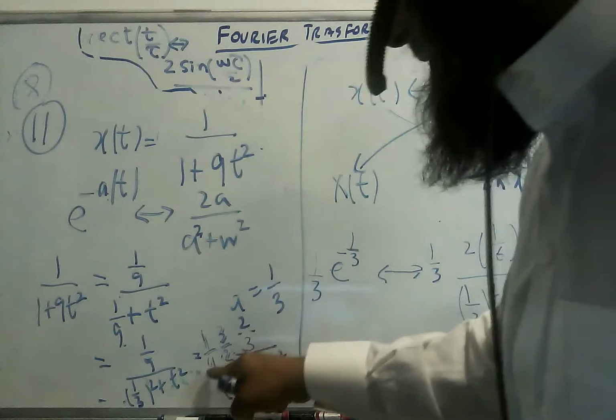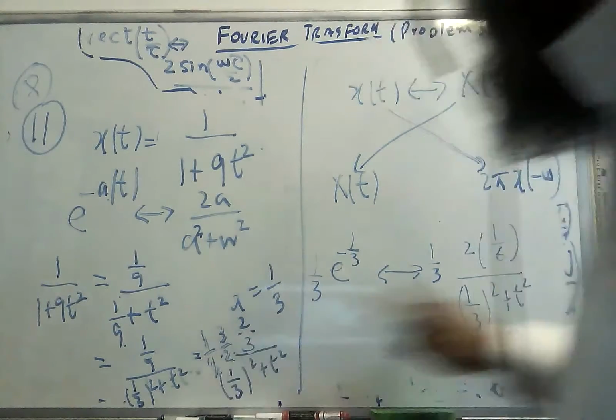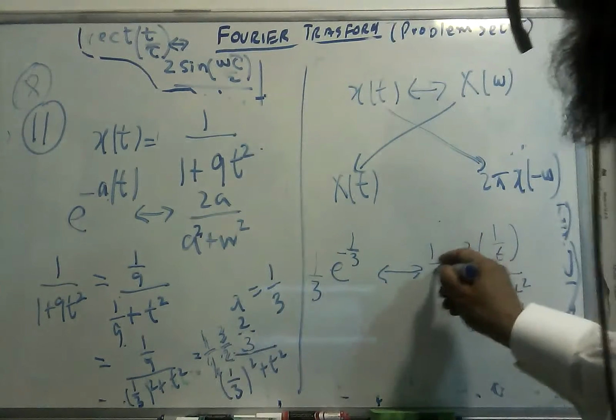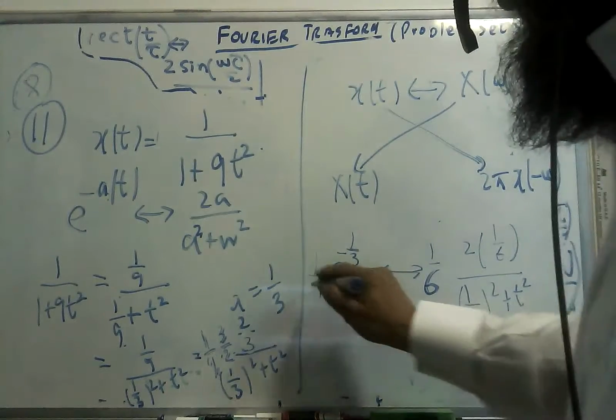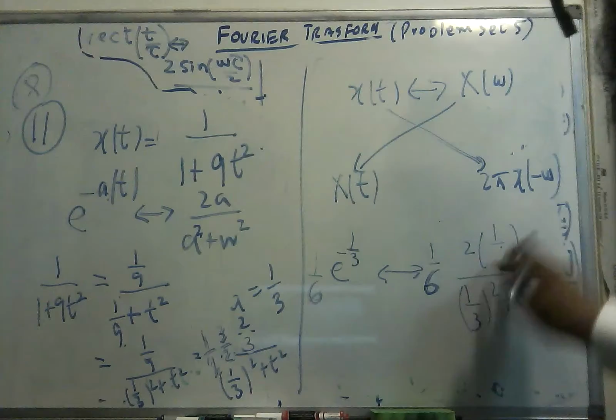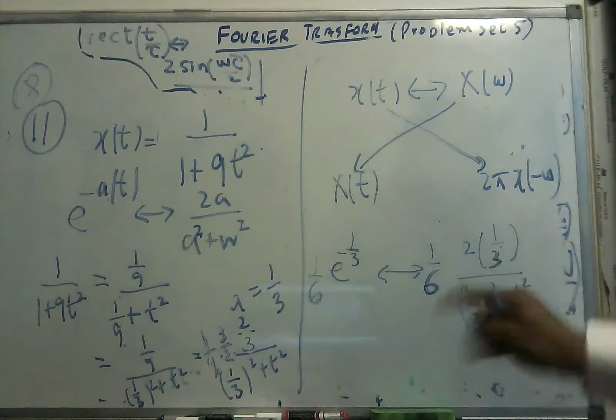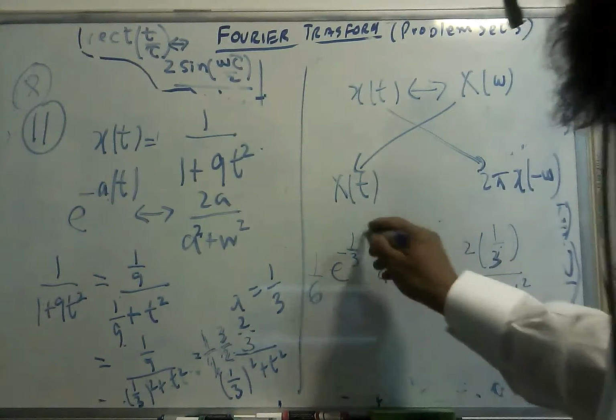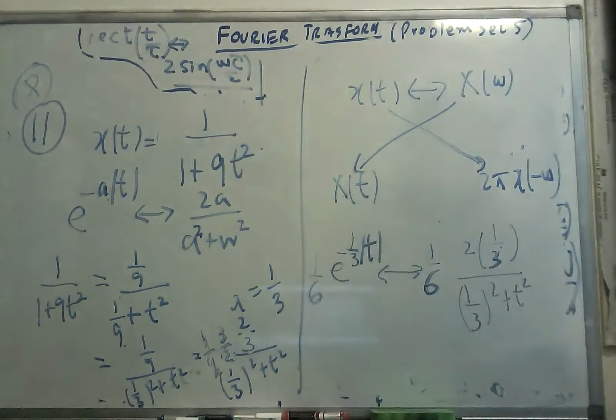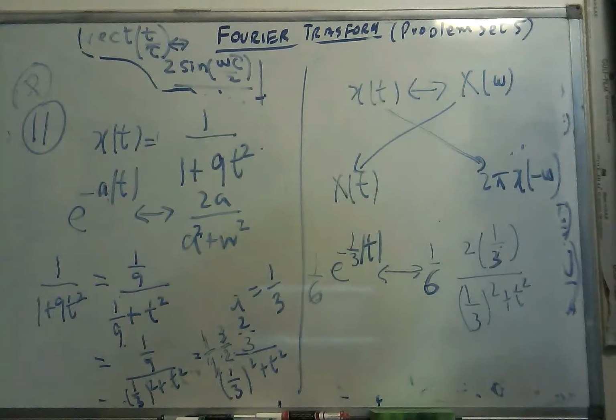So 3 by 3 cancels, and this is 1 over 6, and this is 2 by 3. So now a is 1 over 3, so it will be 1 over 6 e raised to the power minus 1 over 3 t.